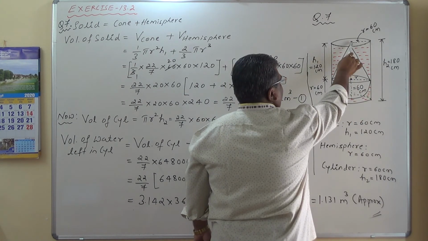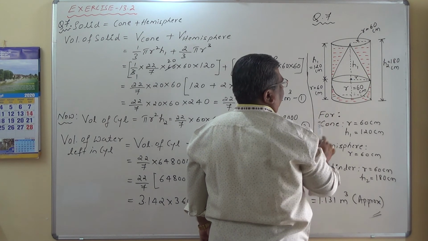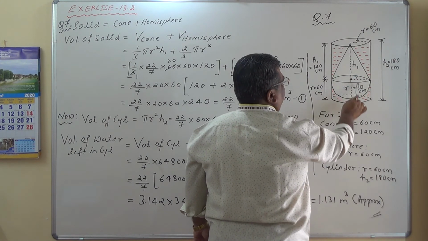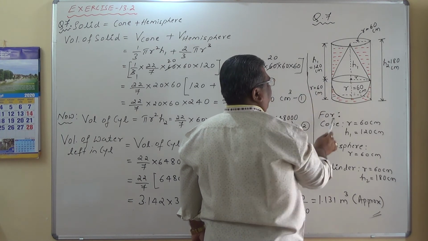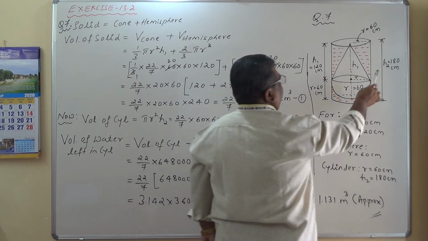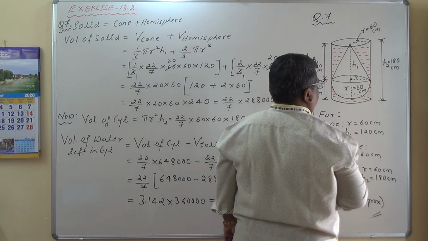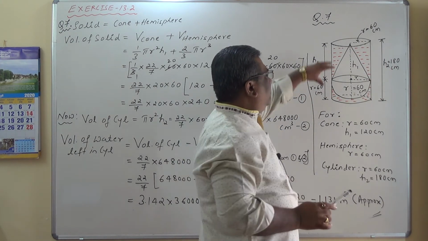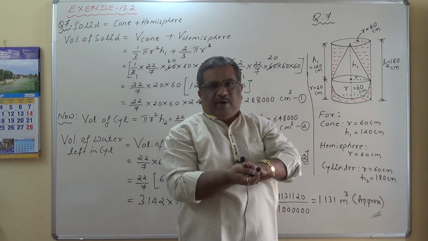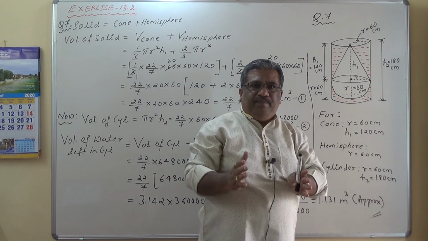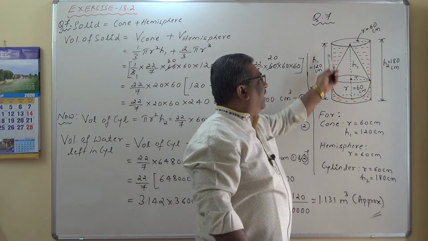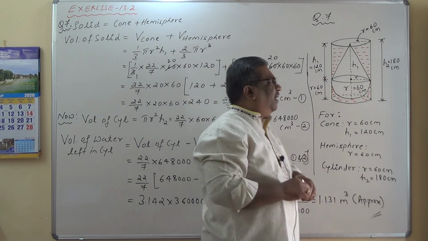So if I calculate from here to the bottom, it is h1 plus 60 or 120 plus 60, which is 180. Also it is given that height of the cylinder is 180 centimeter, meaning this entire solid touches at the bottom. The total height of the solid matches with the height of the cylinder. That you should keep in mind.